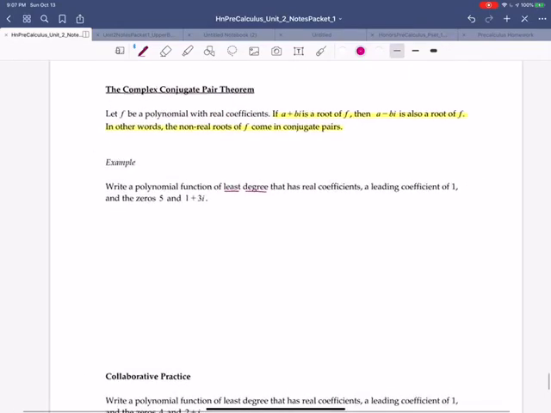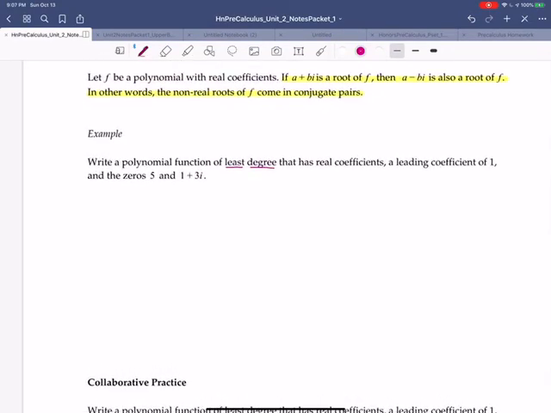Well, given that we have a polynomial with real coefficients, by the complex conjugate pair theorem, 1 minus 3i is also a root. So this means that the minimum degree of the polynomial is 3.